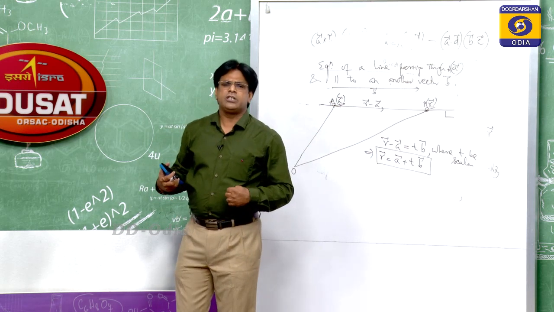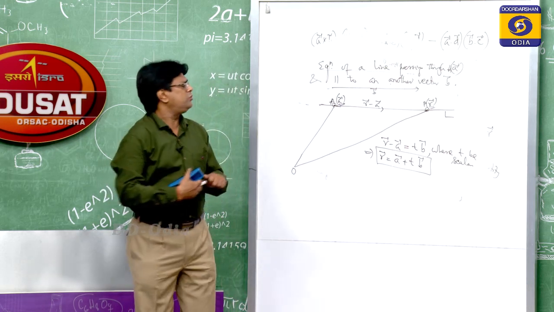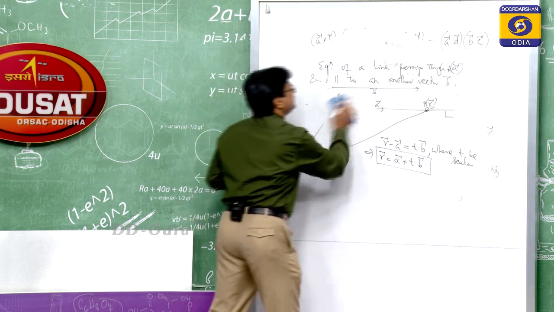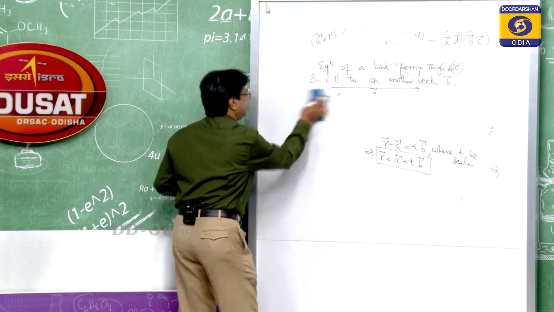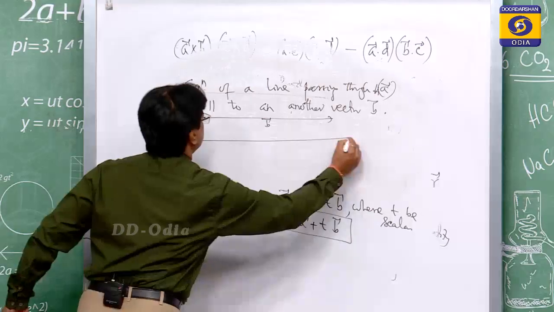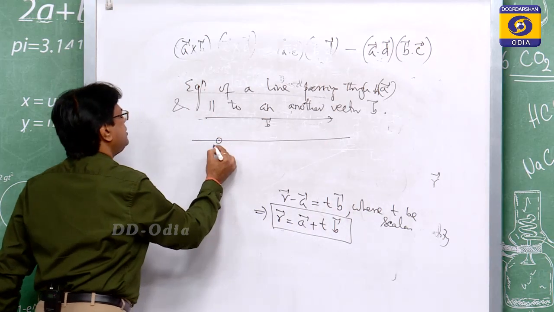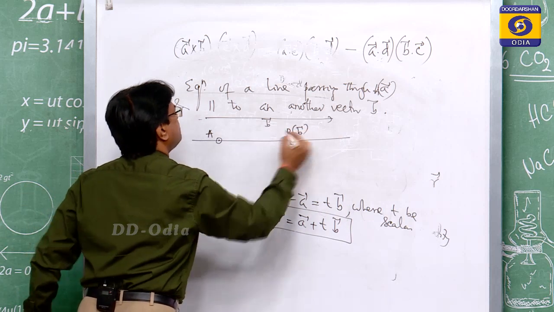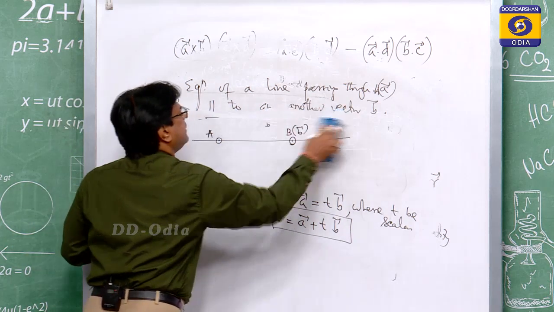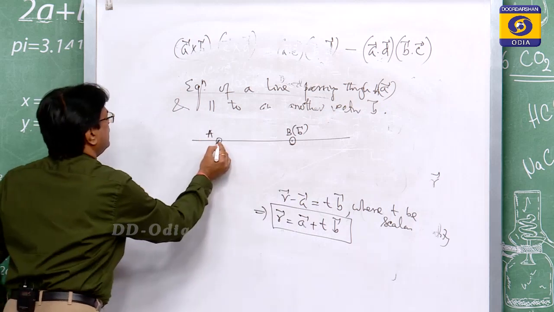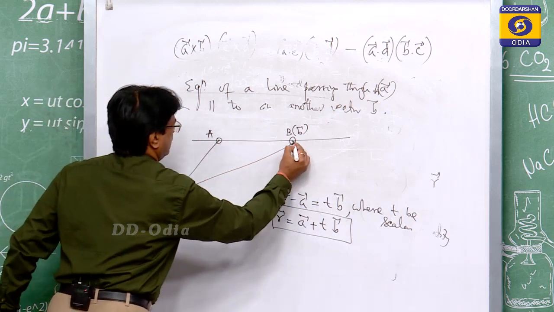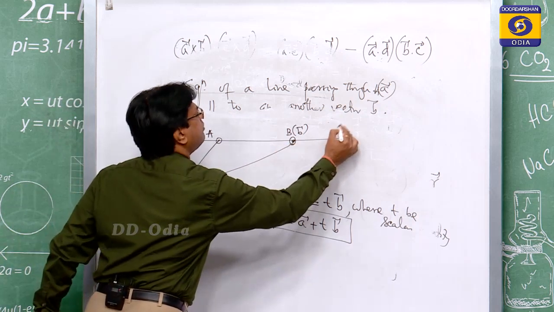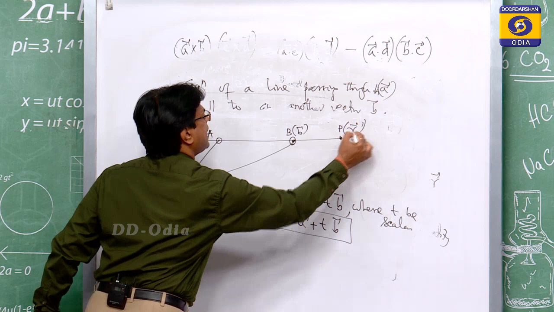Similarly, consider the vector equation of a line passing through 2 points. Suppose this is your A, this is your B, with B having position vector B. Now we take another vector with a variable point, that has position vector r.